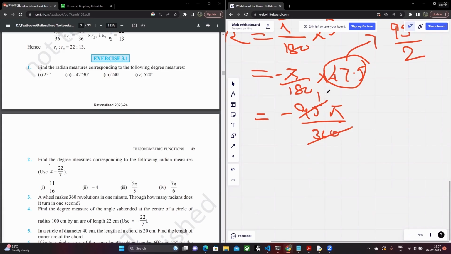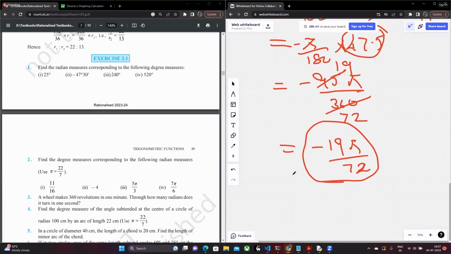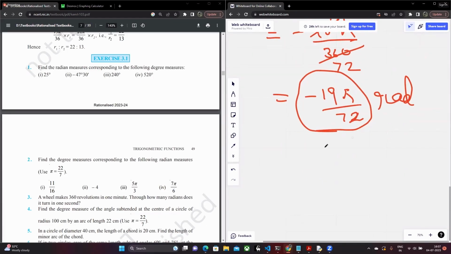This is going to be 19, and this is going to give me 72, right? So this is basically minus 19 pi divided by 72, right? And I should not forget the measure, radians.